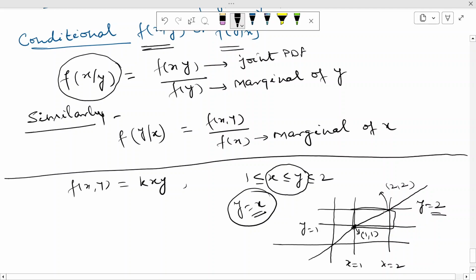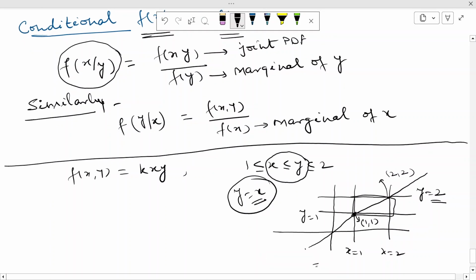We have two triangular regions given by this line, y equals x. So this is the region, as we already discussed, the upper triangular region where y is greater than or equal to x.